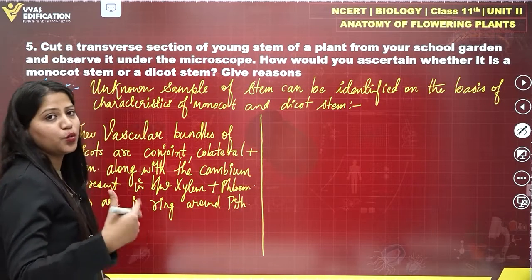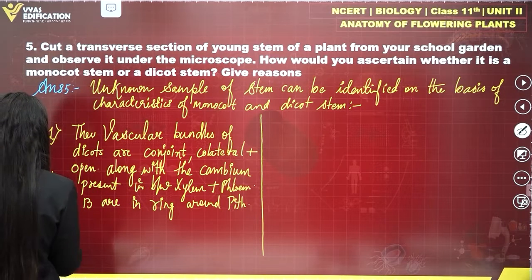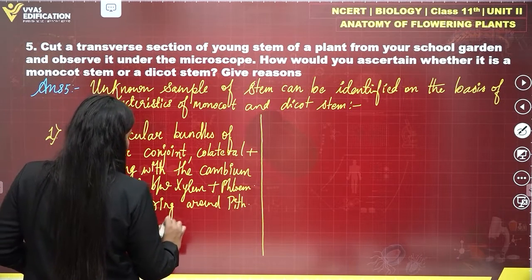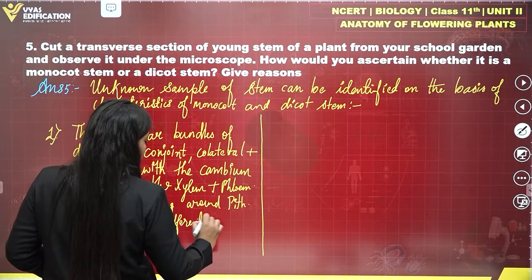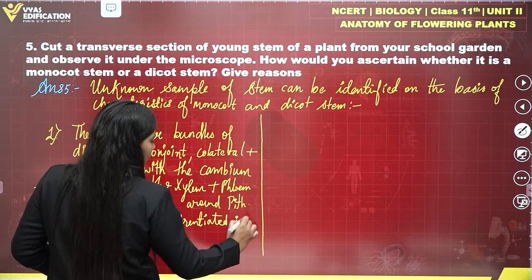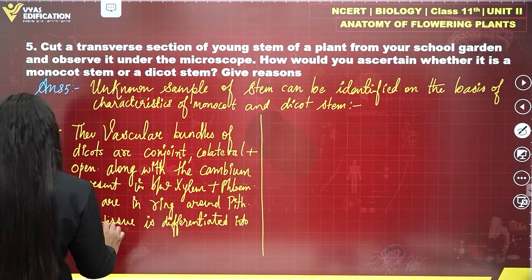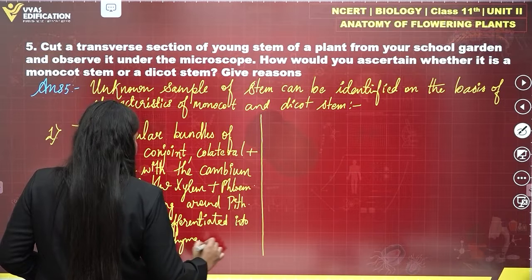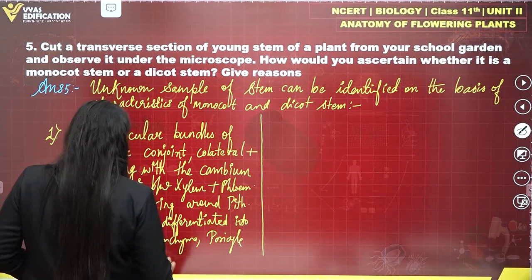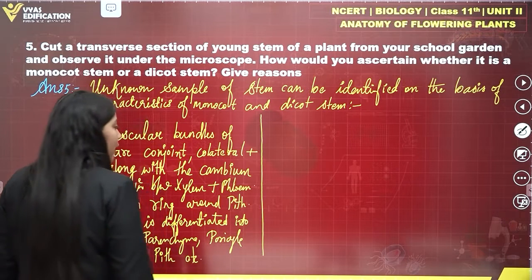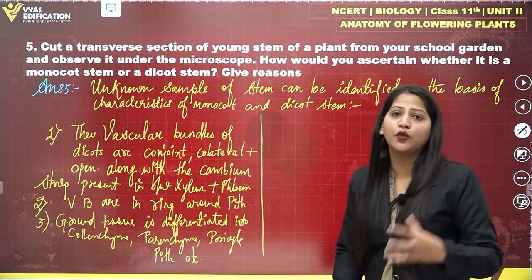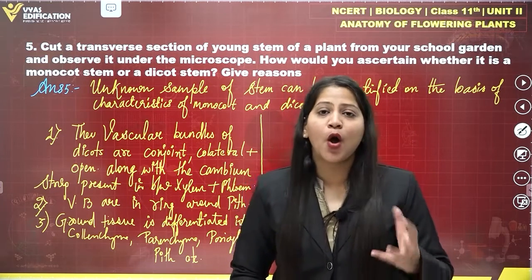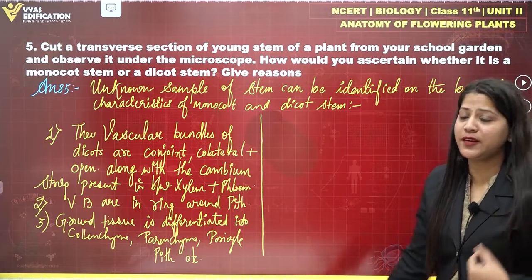And the ground tissue in dicot stem is differentiated into collenchyma, parenchyma, pericycle, pith, etc. These are some characteristics of dicot stem, on the basis of which we can identify whether the sample we have taken is a dicot stem or not.